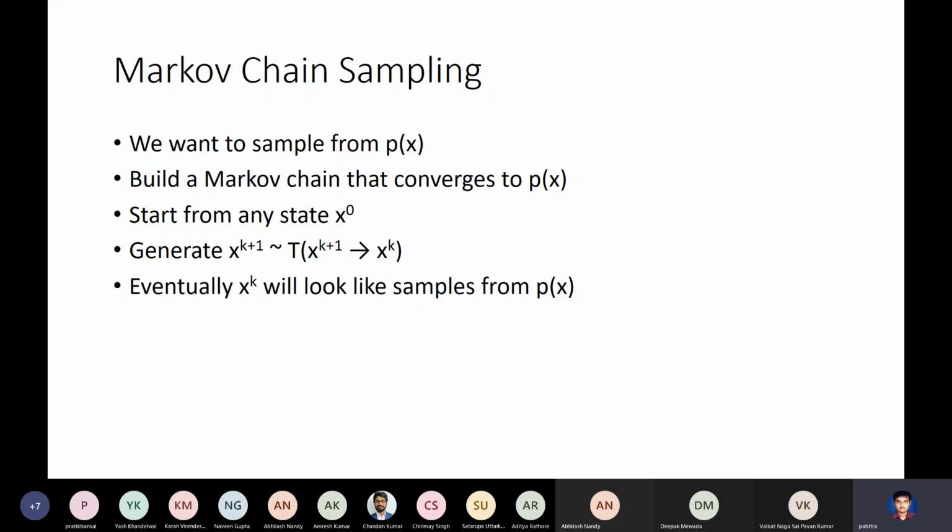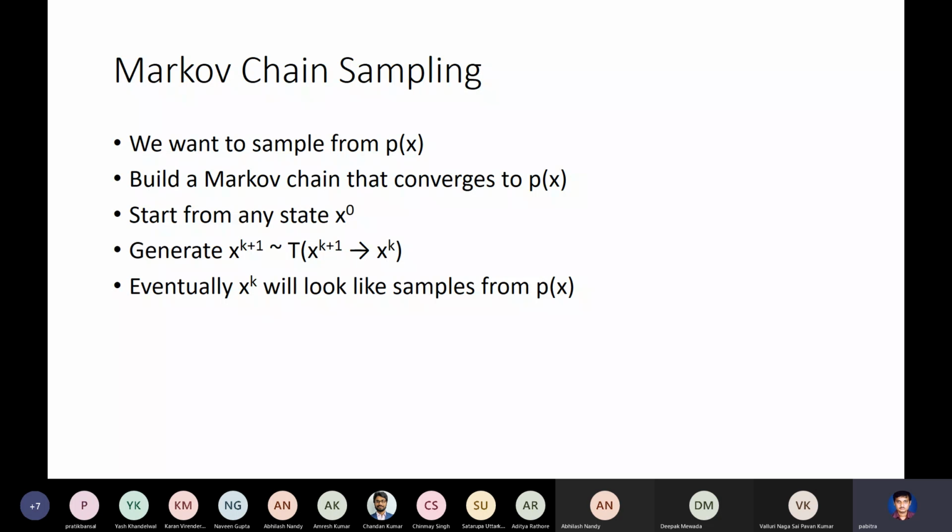So the problem is, how do you know that this is the Markov chain that will converge to Px? So we have an inverse problem. We are given a Px, or we have some desired Px from which we want to draw samples.